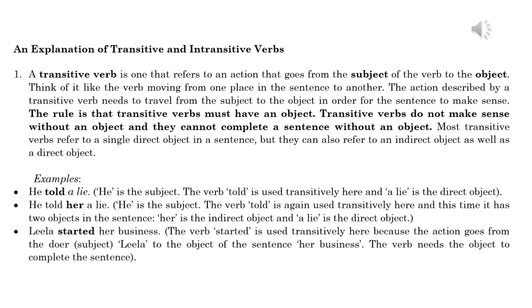The verb told is used transitively here, and a lie is the direct object. He told her a lie. He is the subject. The verb told is again used transitively here, and this time it has 2 objects in the sentence. Her is the indirect object, and a lie is the direct object.